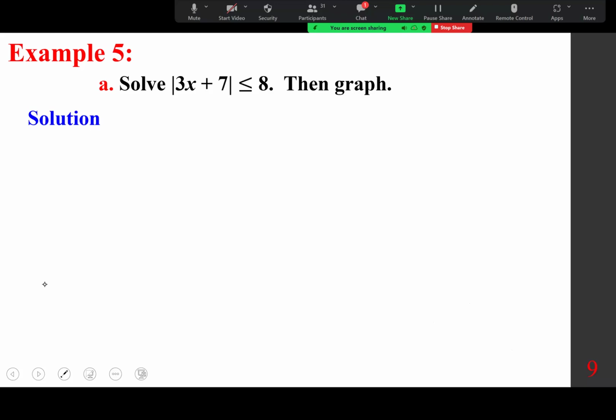All right, let's continue on that thought. Absolute value of 3x plus 7 less than or equal to 8. So we are going to write it as this expression sandwiched between negative and positive 8.